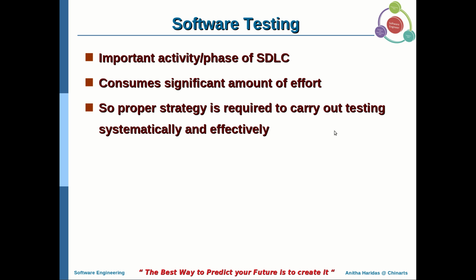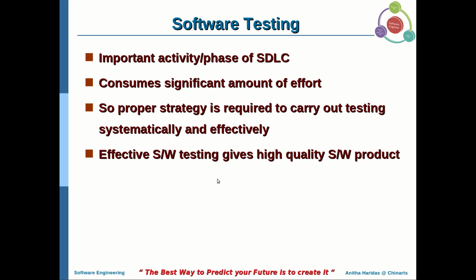Then you carry out the testing in a systematic and effective manner. Only then can you deliver a high quality software product. So effective software testing will ultimately give you a high quality software product.